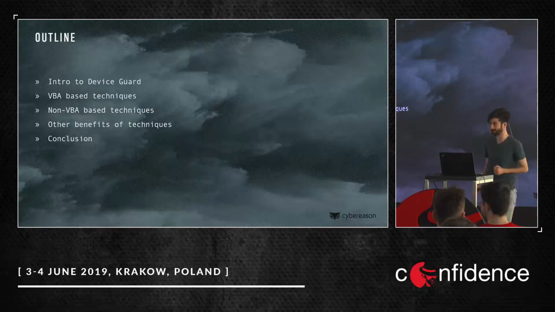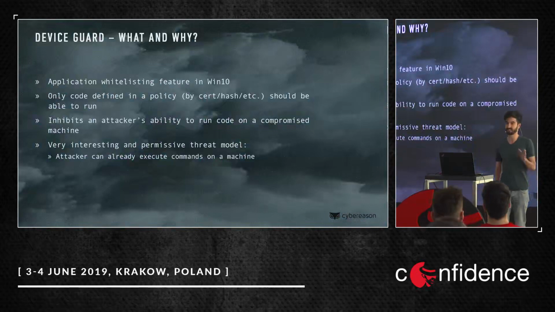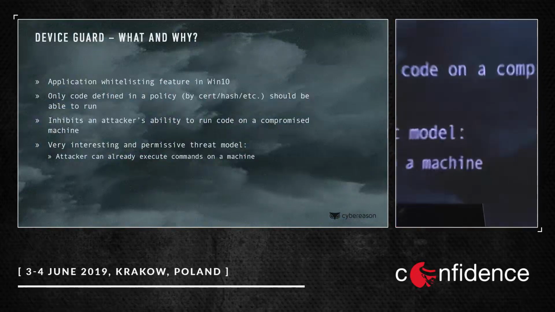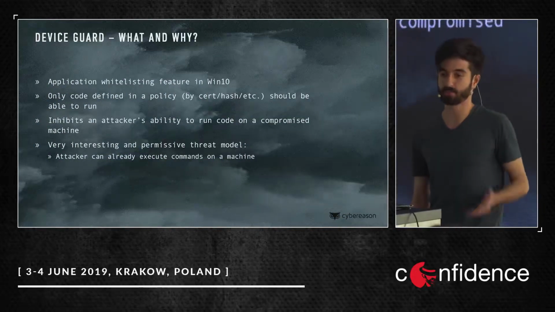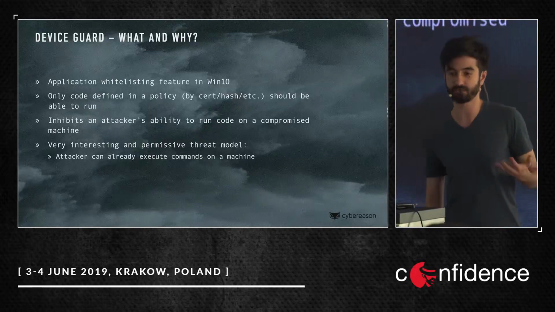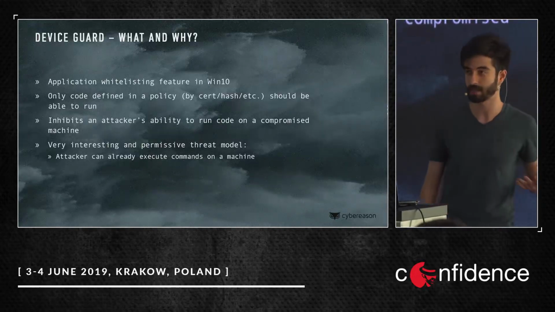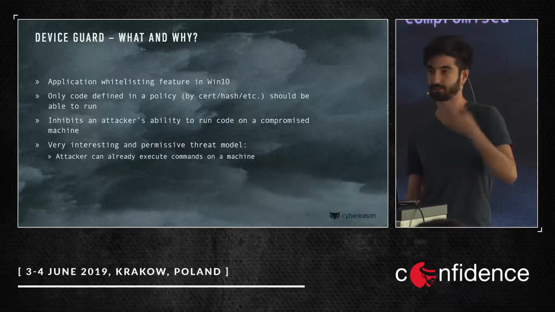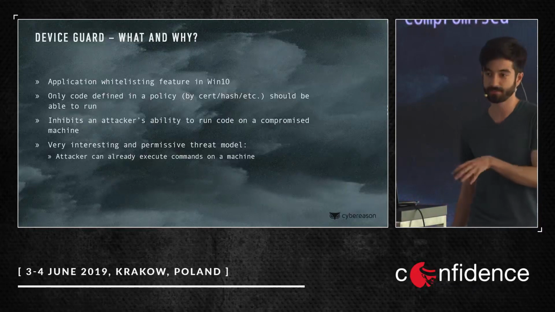Anyway, let's begin with a quick introduction to what Device Guard is. Device Guard is an application whitelisting feature in Windows 10. It's actually the successor to another feature called AppLocker. Application whitelisting tries to only allow code that's defined by a specific policy. In this case, it's by a certificate, by a signature, or maybe by a hash, or even by a path.